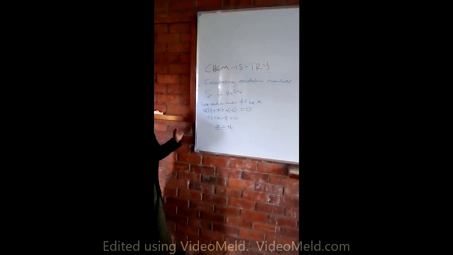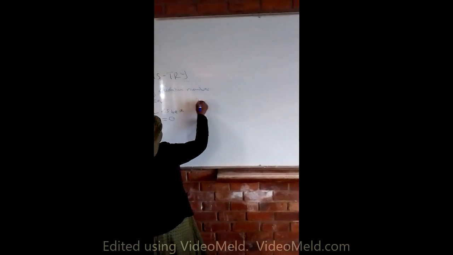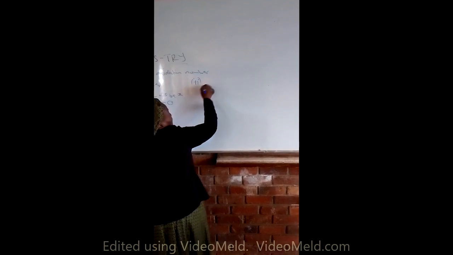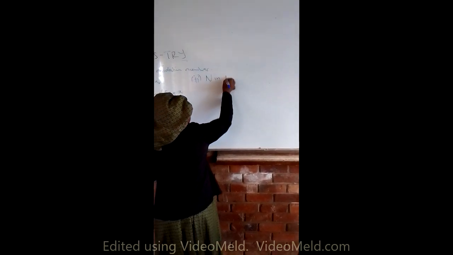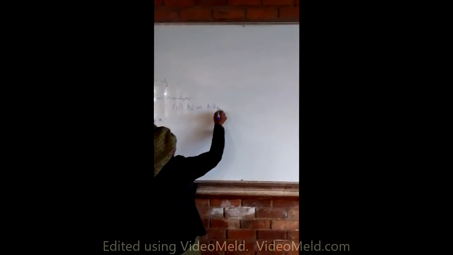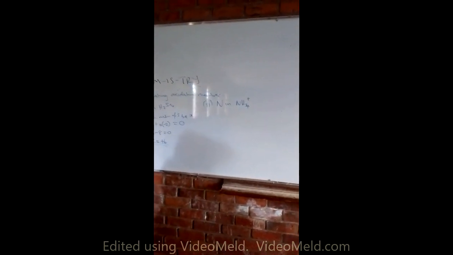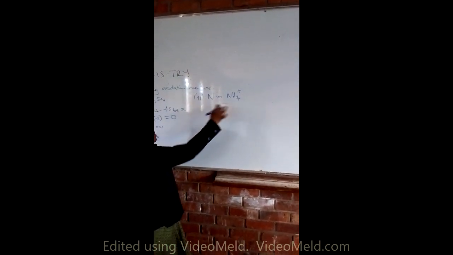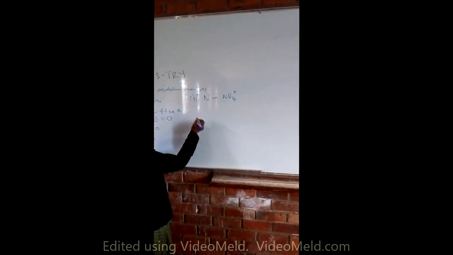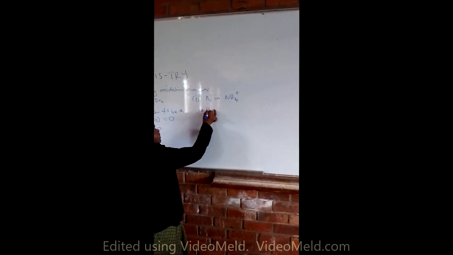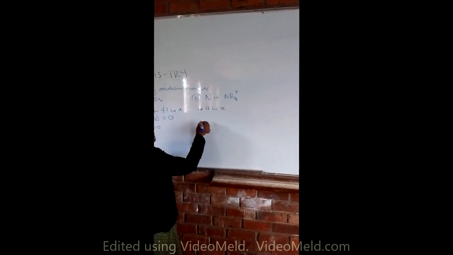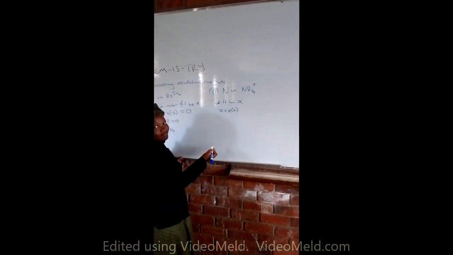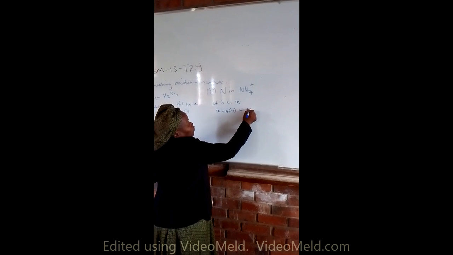Okay, let's look at another one. This was our first one. The second one: let's calculate the oxidation state of nitrogen in NH4+. It's an ion. For ions, the sum of the oxidation states should add up to the charge. So again, nitrogen, let it be X. So it's X plus 4 times +1, and this should be equal to +1.